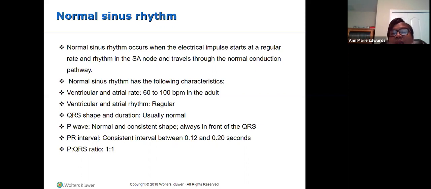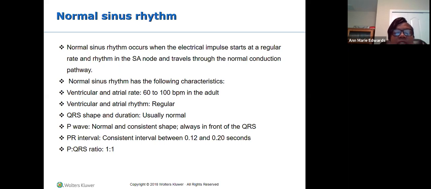Okay, the PR interval now that we looked at between the beginning of our P wave and the beginning of our QRS complex, that PR interval should be consistent and should be between 0.12 and 0.20 seconds.